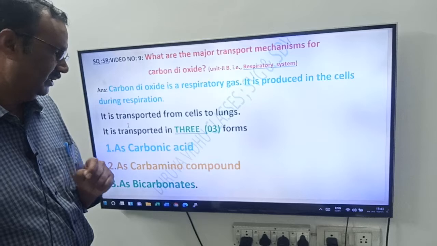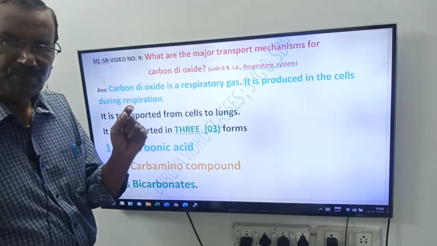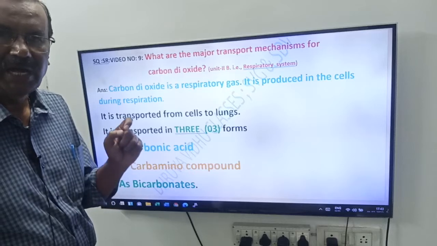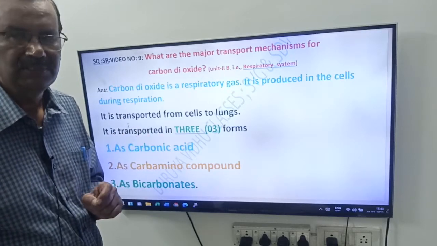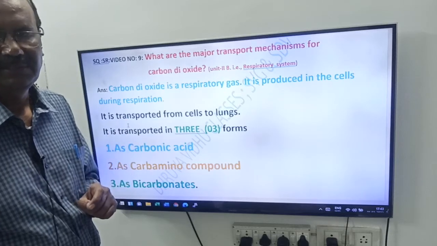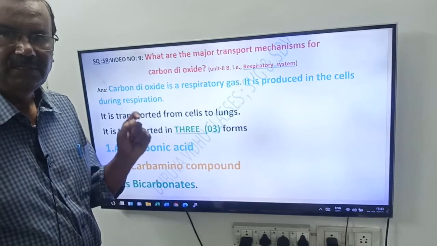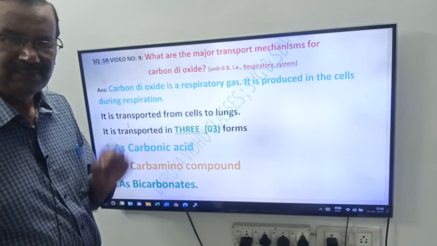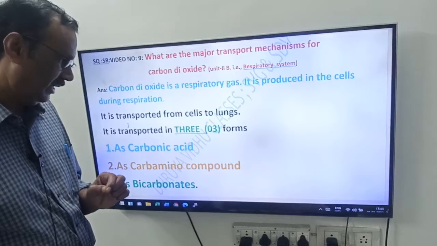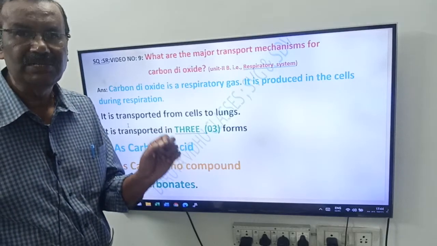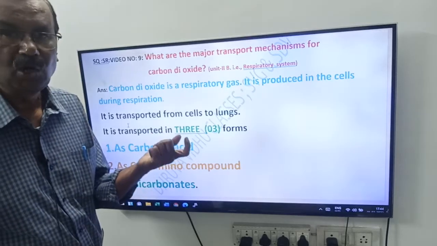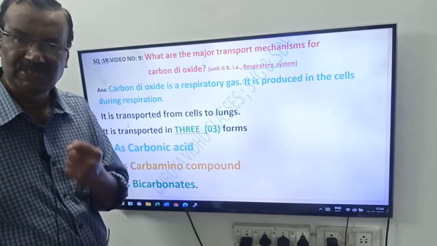Once again, in the form of carbonic acid, that is H2CO3. Second, carbamino compounds, that is carboxyhemoglobin. Third, bicarbonates, HCO3 minus.